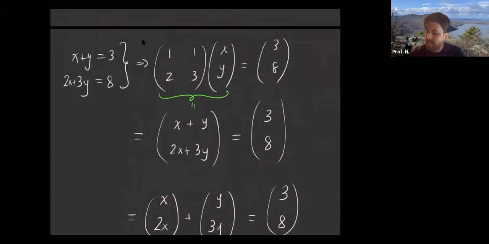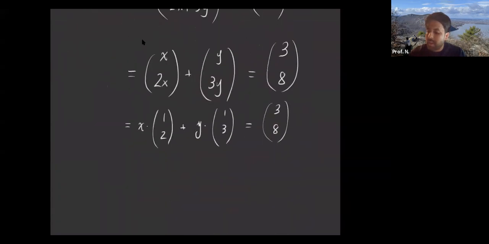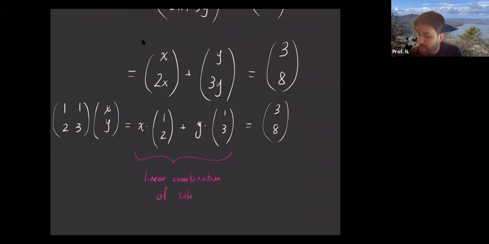Where did this come from? This came from this: 1, 1, 2, 3. When I multiply this by X, Y, I can think of the product as what's called a linear combination. This is called a linear combination of columns in a matrix.